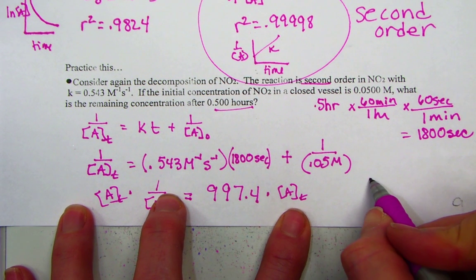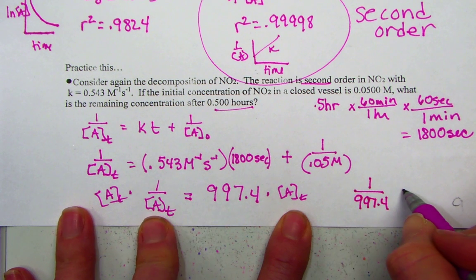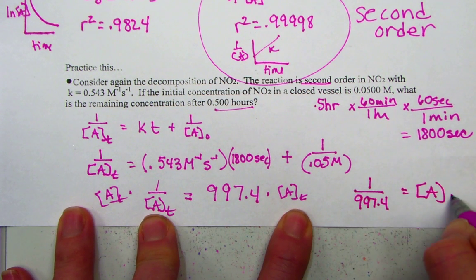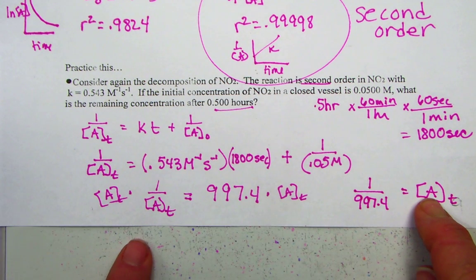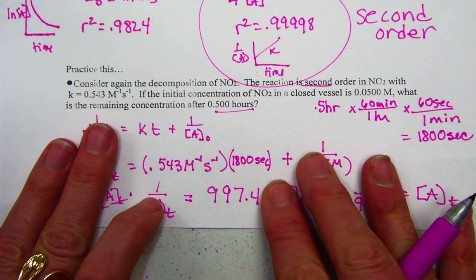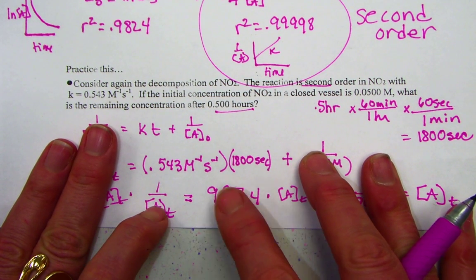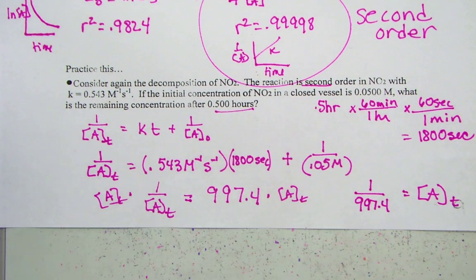What we end up doing is 1 divided by 997.4 equals that concentration of A at that remaining time, A representing that NO2, the decomposition reactant. Going back to this part, we're trying to solve here, knowing this value, in your head just flip those. That's what the algebra will show. 1 divided by the answer still on my screen.